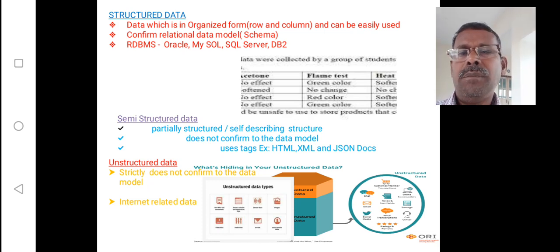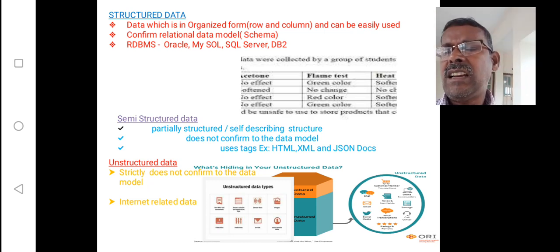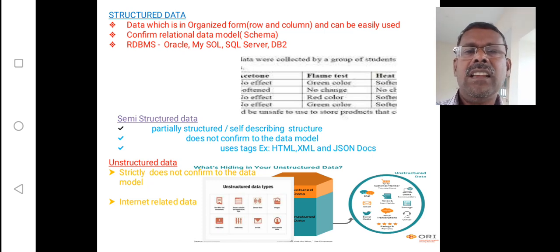In big data we can see 80% unstructured data, 10% semi-structured data and the remaining 10% structured data. So in big data we can see structured, unstructured and semi-structured data.